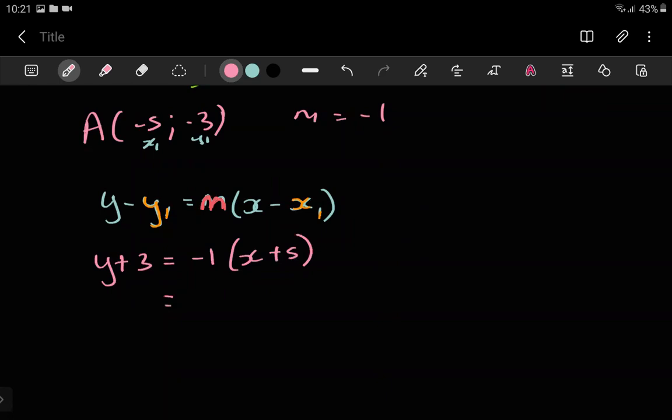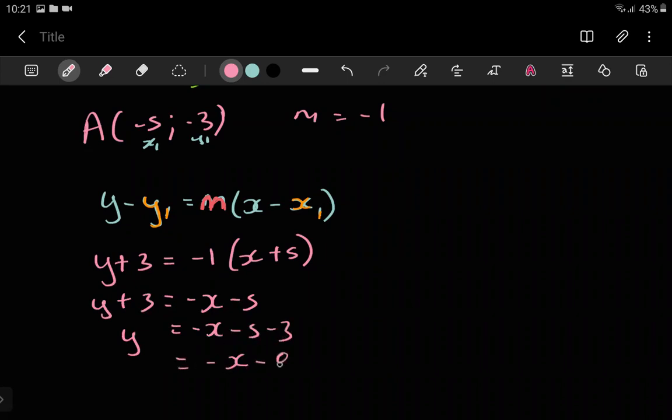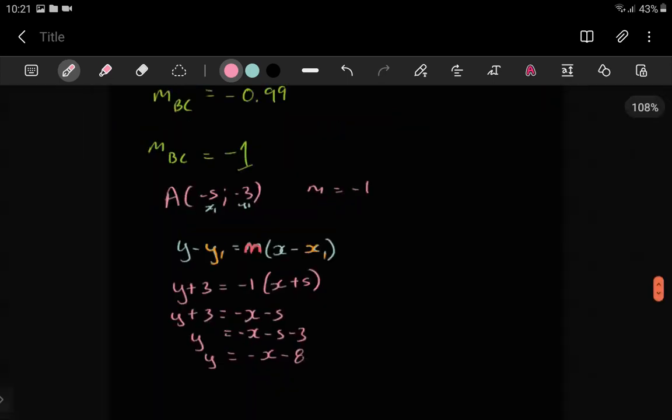Then we're going to multiply inside now: -1 times x plus 5, y plus 3. The 3 goes over. And then here we have y equals -x minus 8. That's the equation of the line they are talking about, and that is the way we like it.